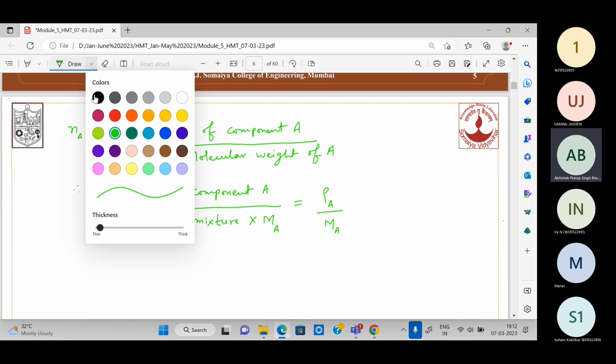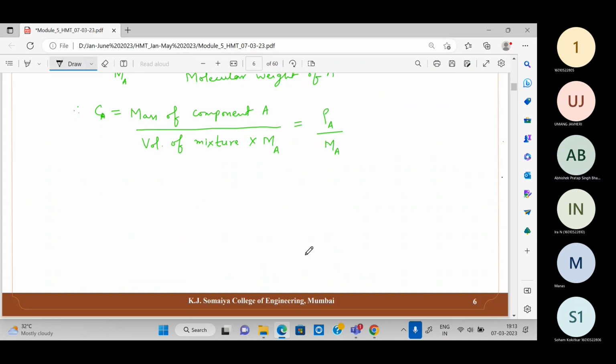Now the next term is the mass fraction. Mass fraction is the ratio of mass concentration of a species A to the mass density of the mixture. It is generally denoted by XA.